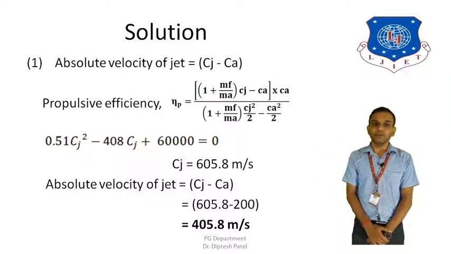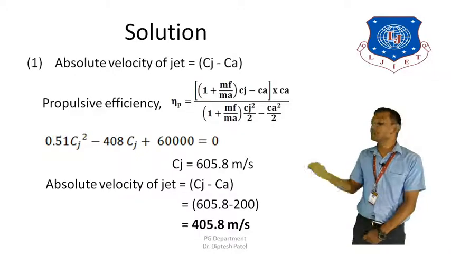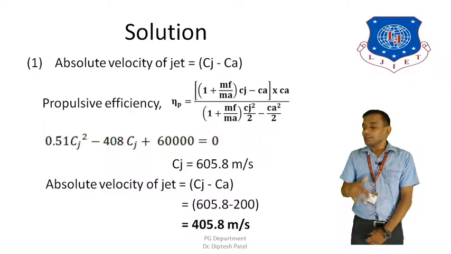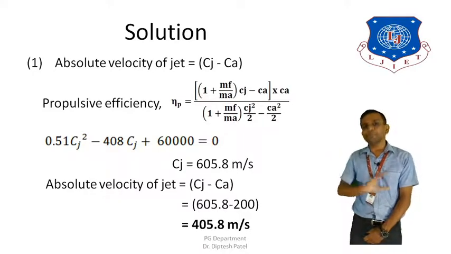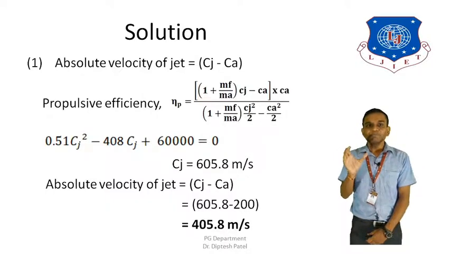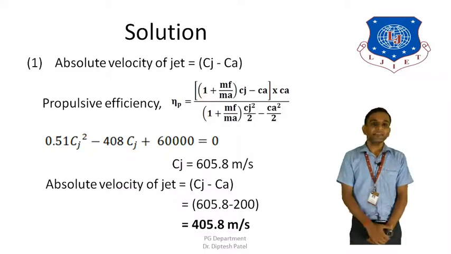The first thing was the absolute velocity of jet. As I explained earlier, it is the velocity of gases leaving the combustion chamber through the nozzles. So it is nothing but the difference between the velocity of gases leaving the nozzle, Cj, and the velocity of air entering the engine.